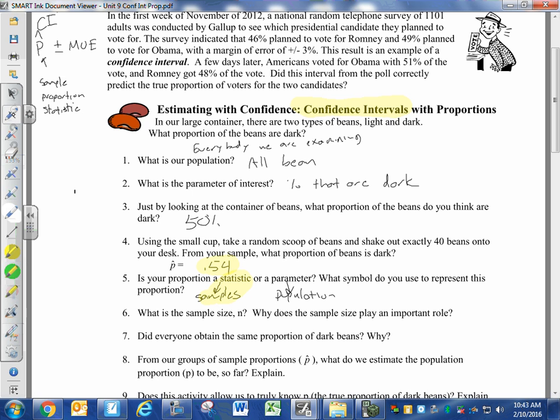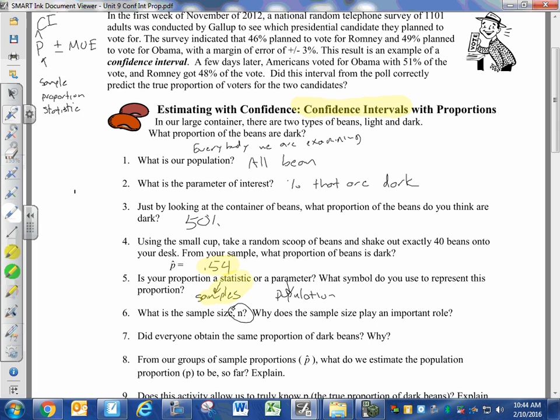Now, what was the sample size? This is what we will call N. Remember using the letter N for a sample size. This is not the amount of dark beans, rather this is the total amount of beans that we pulled out of the jar, or it's the total amount of people that were polled, or it's the total amount of trees that we looked at in a forest, okay?